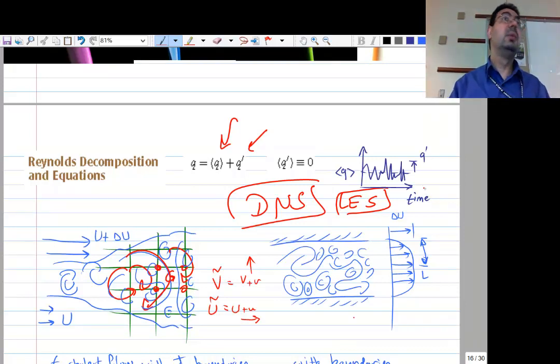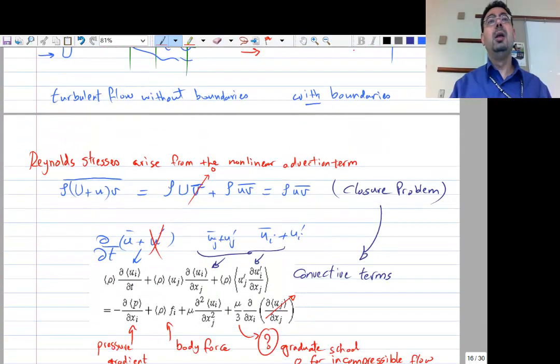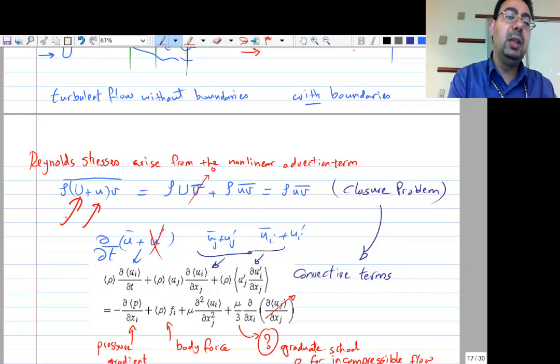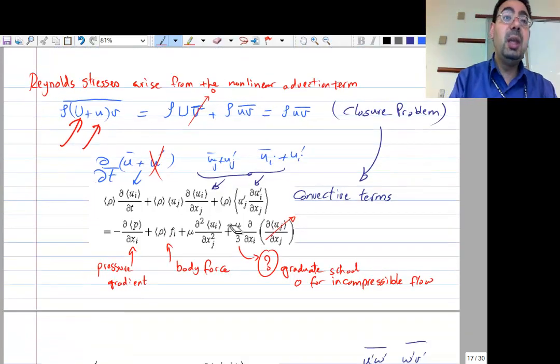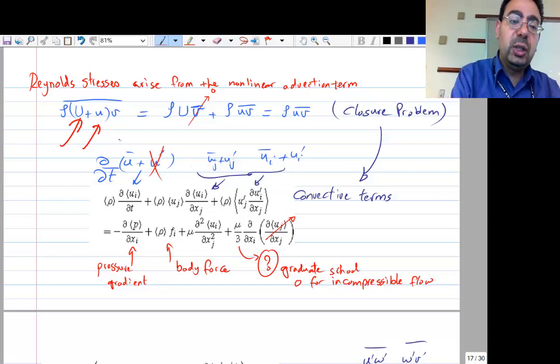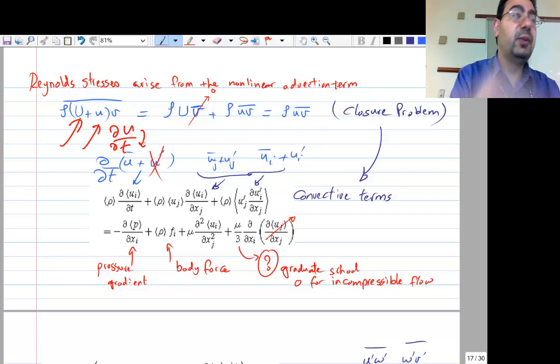All right? So every velocity, U and V and W, they split into average and fluctuation. And then they put them inside the Navier-Stokes equation. The Navier-Stokes equation has, as the first term, rho partial U partial t.